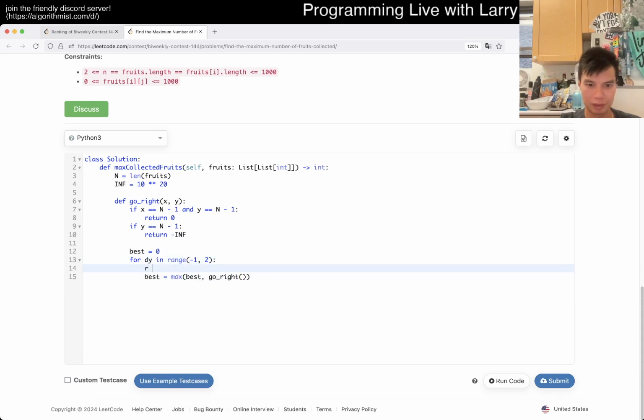Oh, wait. This is no, this is TX, Larry. You suck. Also, why would you not remember the cache?